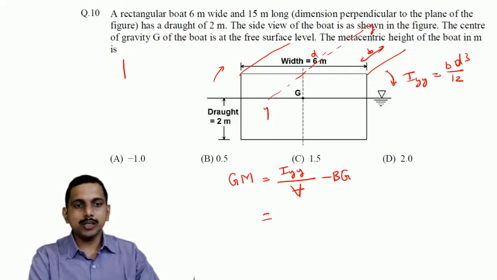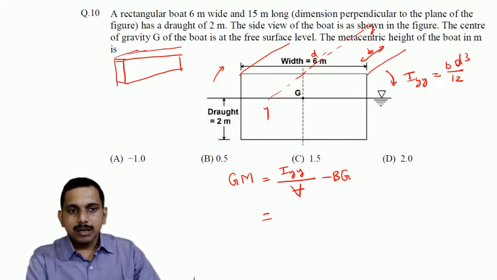For example, in the case of columns, if there is a column like this, and there is bending because of the load which is put, what is the cross section with respect to which we take the moment of inertia?